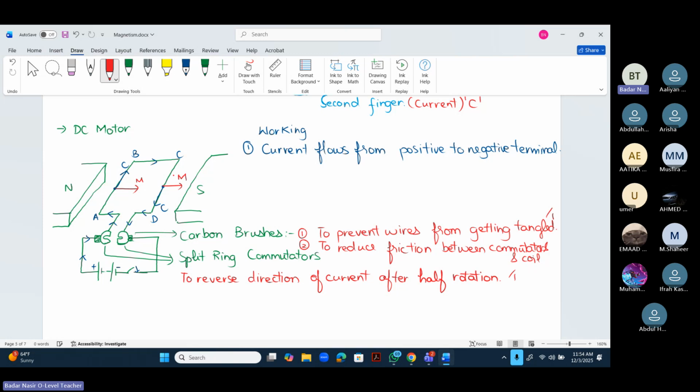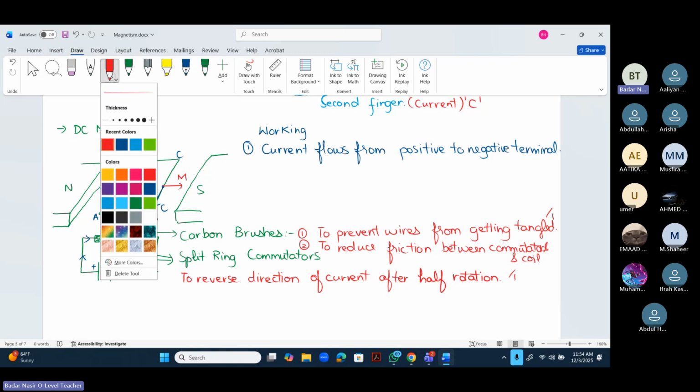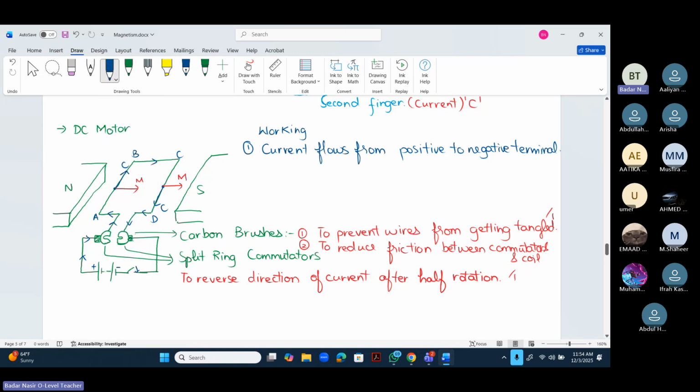So this is the direction of the magnetic field as well. Now we will write current and magnetic field are perpendicular.